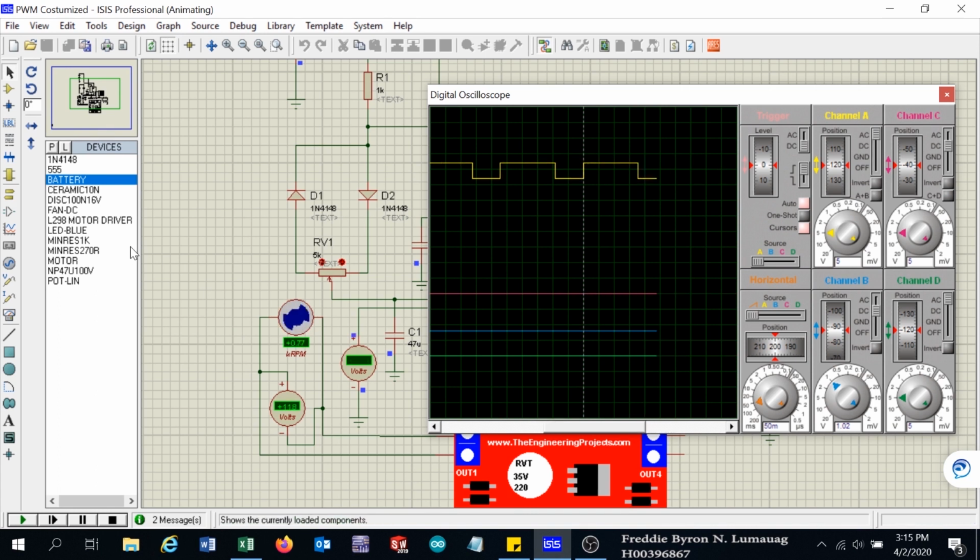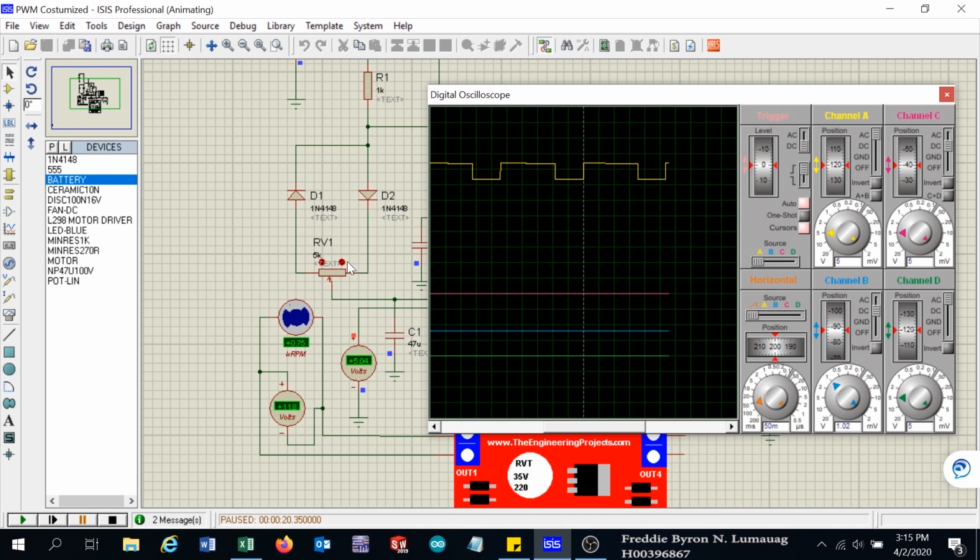For example, if the duty cycle is 50%, that means for 50% of the time you have turned on your motor. I hope that is clear.